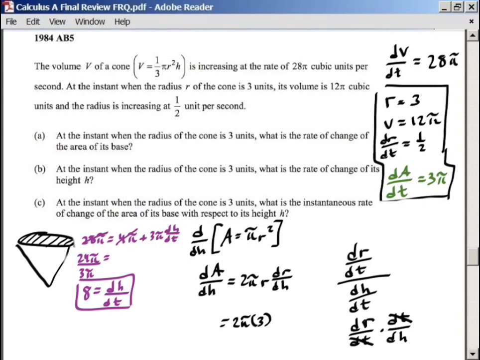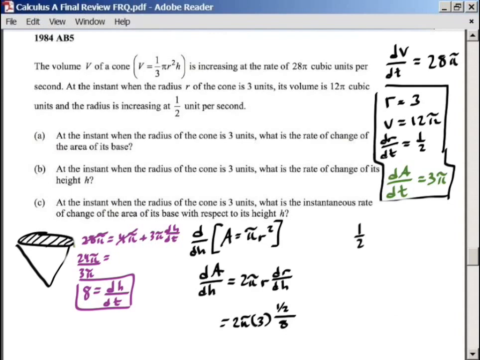So we have 1/2 divided by, and then what's dh over dt? 8. Divided by 8. So what is 1/2 divided by 8? Think about multiplying by the reciprocal. So we're going to have 1/2 times 1 over 8, which equals 1 over 16. So this is just 1 over 16.